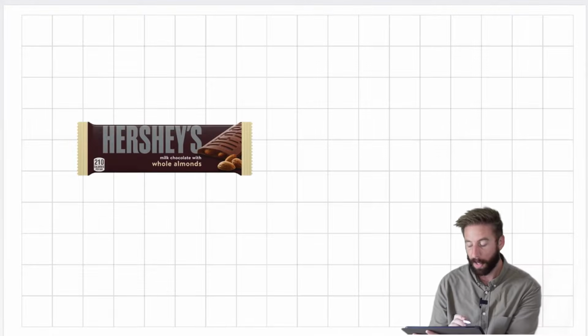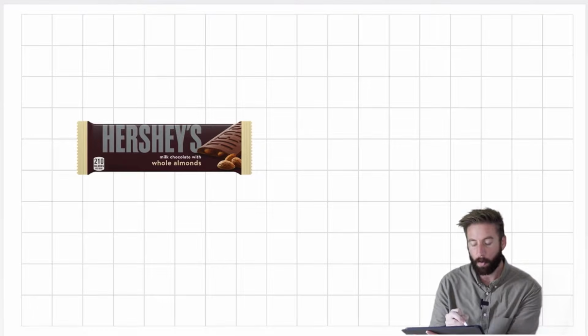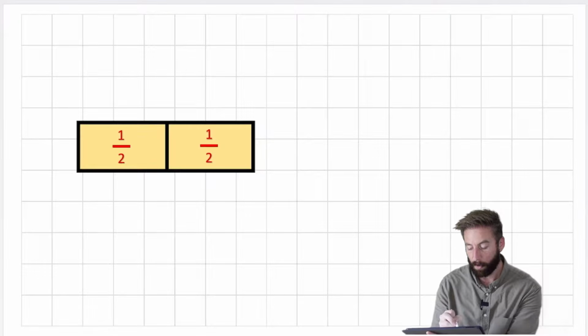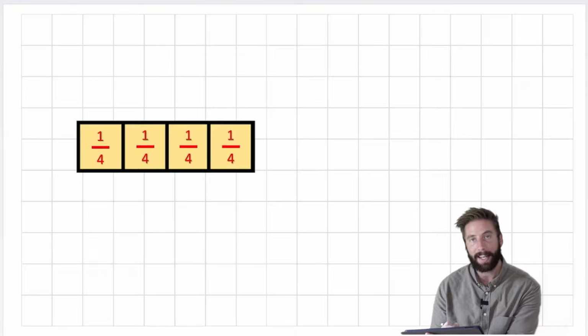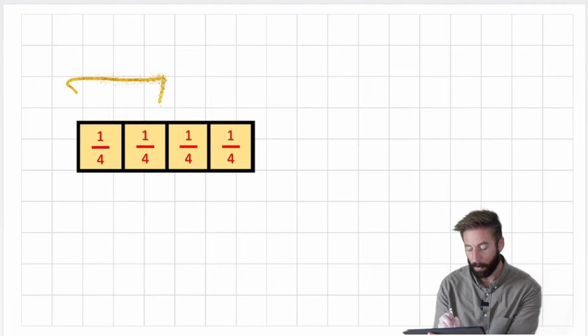So I want to show you this chocolate bar. Now, I could chop this chocolate bar into halves, and I could offer you this 1/2 here, and you would get 1/2. Or I could give you the same value, but I could give you these 2/4.